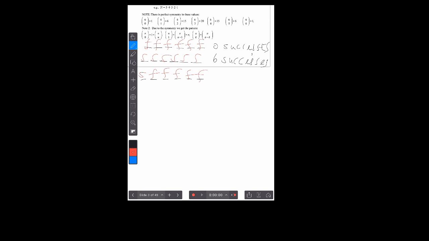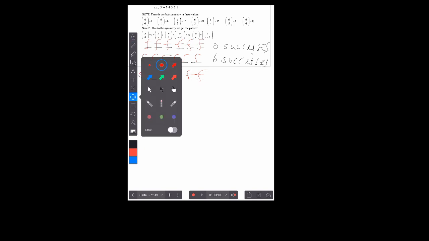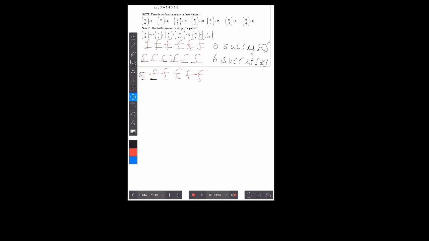How many ways are there of seeing 1 success out of 6 tries? Well, I could write it like that, I could write it like that, and so on.